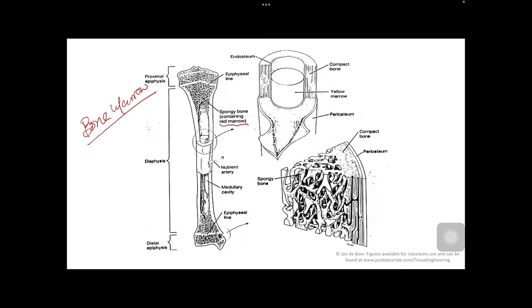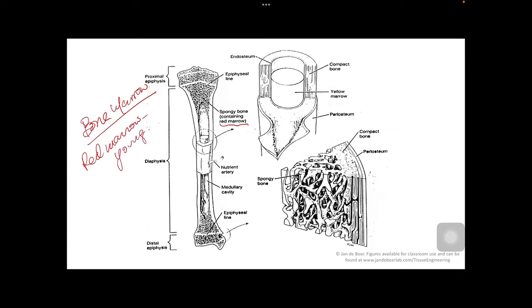And as you can see here, red marrow usually produces blood cells, red and white blood cells, as well as platelets. It is mainly red when we are young.